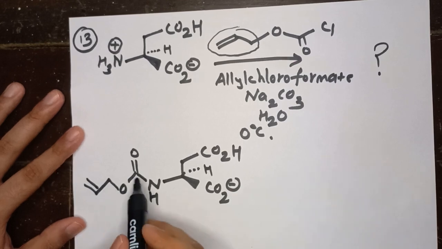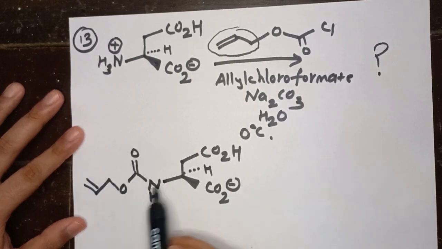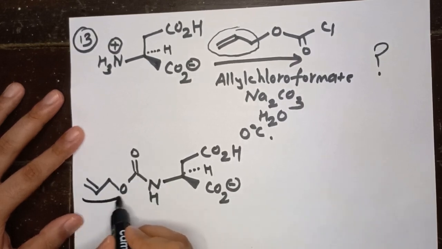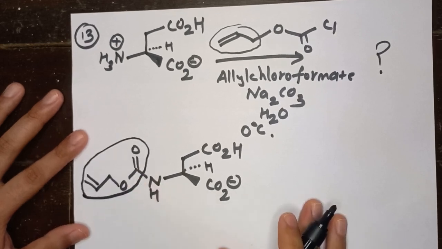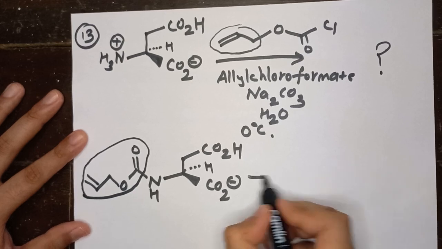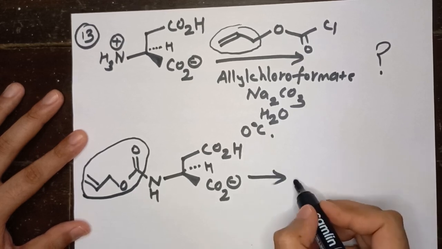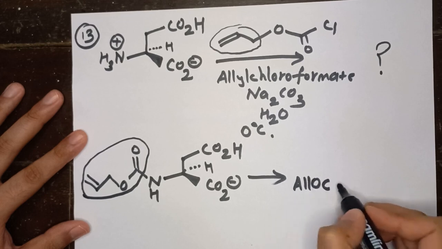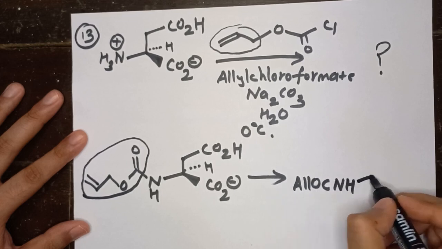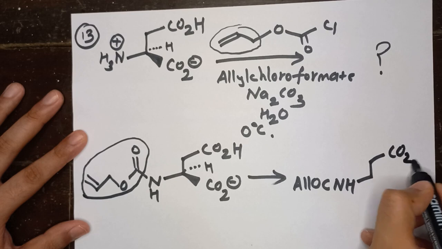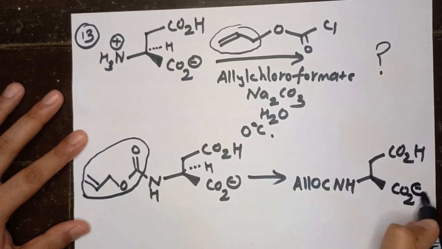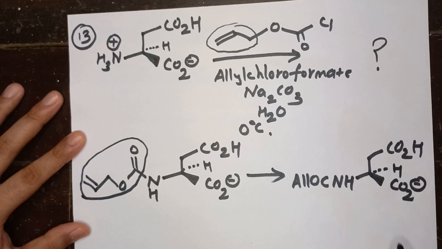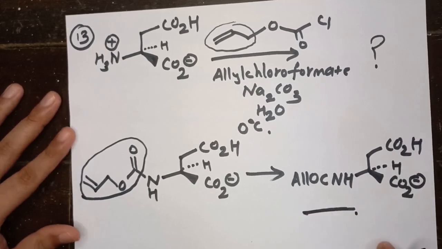And if you look closely, we have generated a carbamate, we have protected amine, and this is what we call the alloc protection. So you can also represent this as alloc NH. So this is the final product.